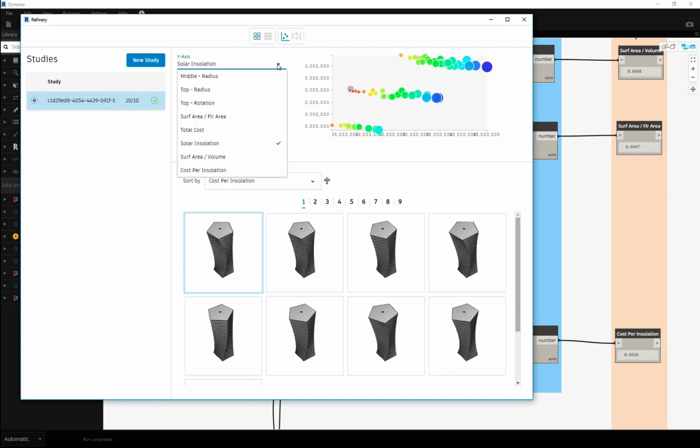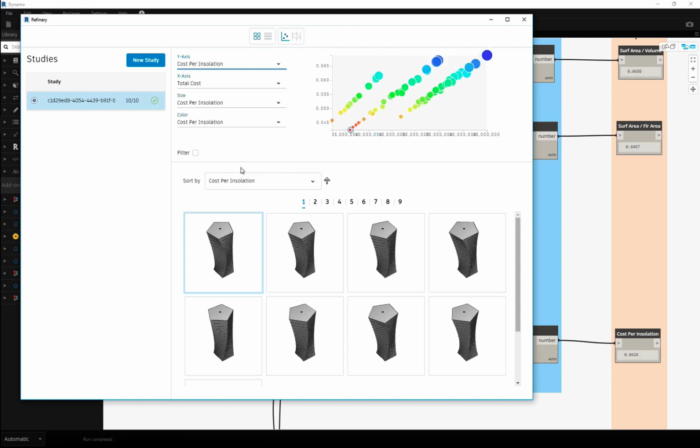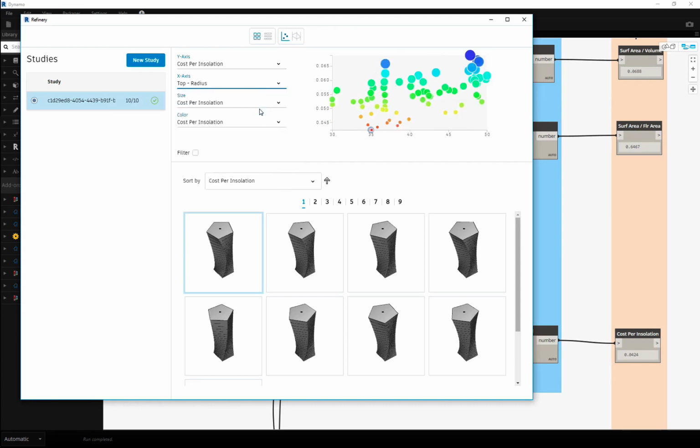What else could we think about here? We could try testing this. There are other ways. You could think about, for example, that cost per insolation versus the total cost. Maybe if I tried contrasting that with the top radius. Now, that seems pretty random.